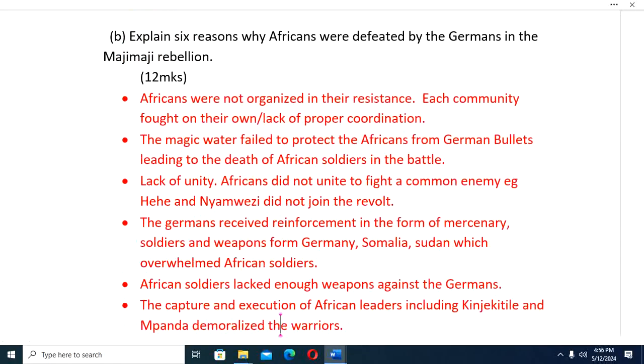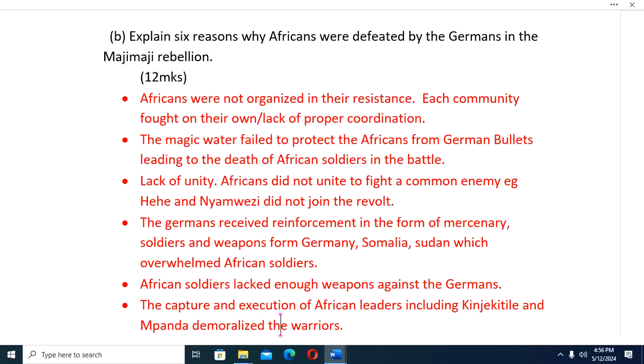Explain 6 reasons why Africans were defeated by Germans in the Maji Maji rebellion. Why were they defeated? Despite the fact that they were sprinkled some water, and the priest told them that the water was immune to bullets, Africans were not organized in their resistance.